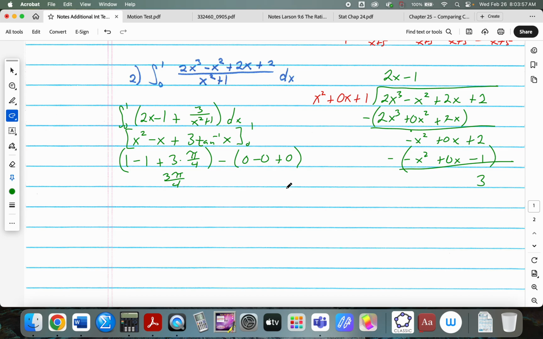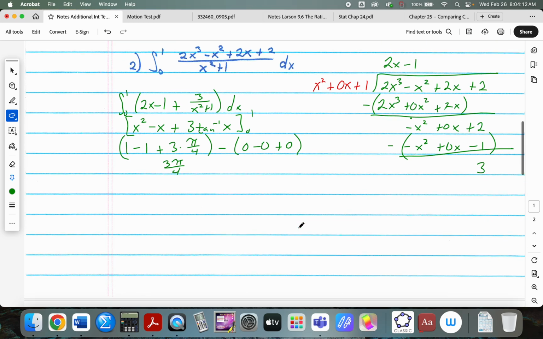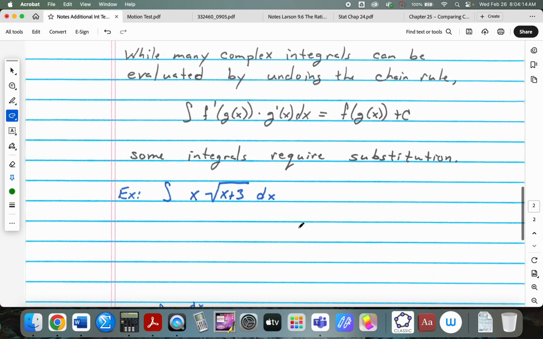All right, so that's one type of problem where you have a rational function and the degree of the numerator is either equal to or greater than the degree of the denominator. If so, do long division first, and then it shouldn't be too bad. Now, the second part goes back to when we did our unit on U substitution.